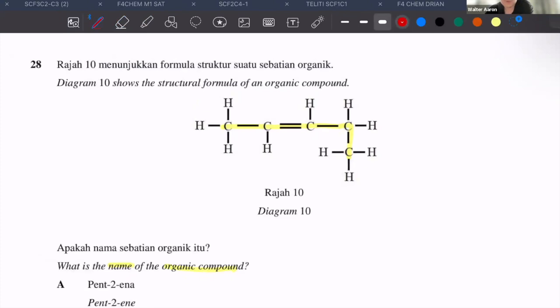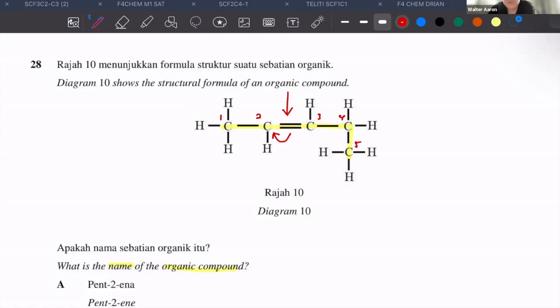So since it's a continuous chain of 5 carbon atoms, we start numbering carbon atoms from the one that's closest to the functional group. The functional group here is the carbon-carbon double bond, which tells you that carbon number 1 is over here, not over here. So we start here, 1, 2, 3, 4, and 5. Now the double bond is located in carbon number 2.